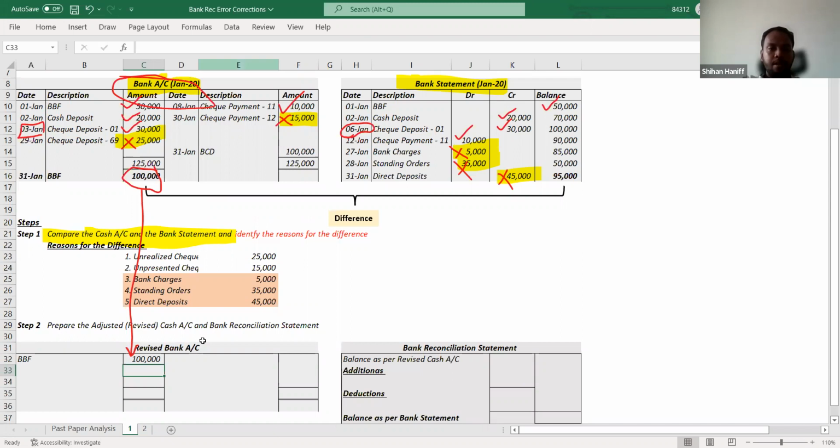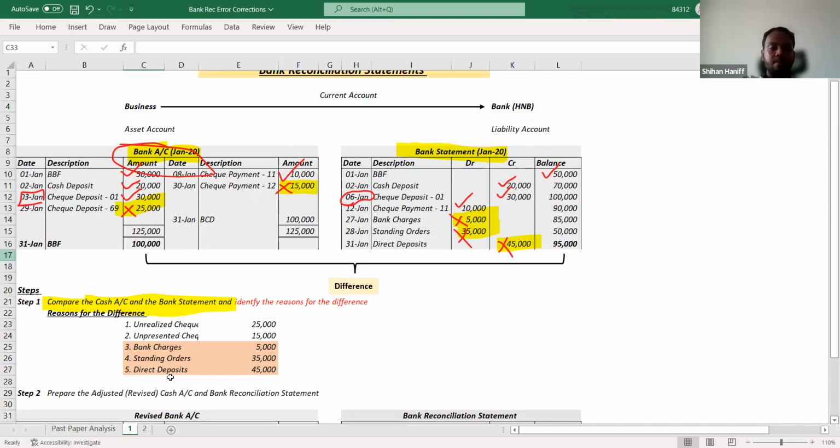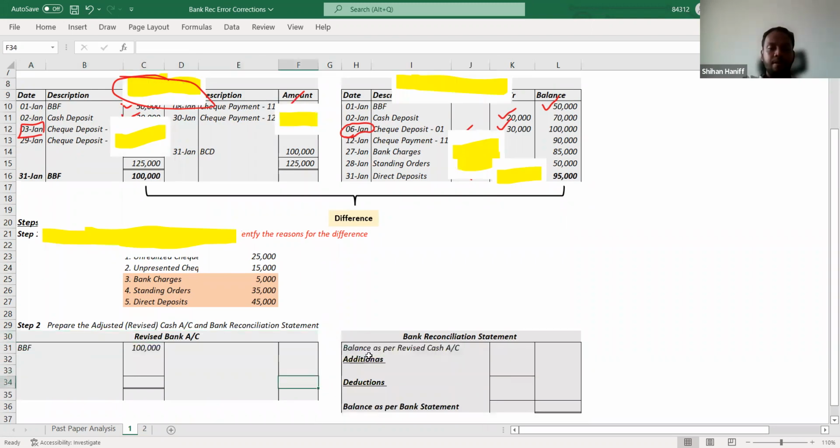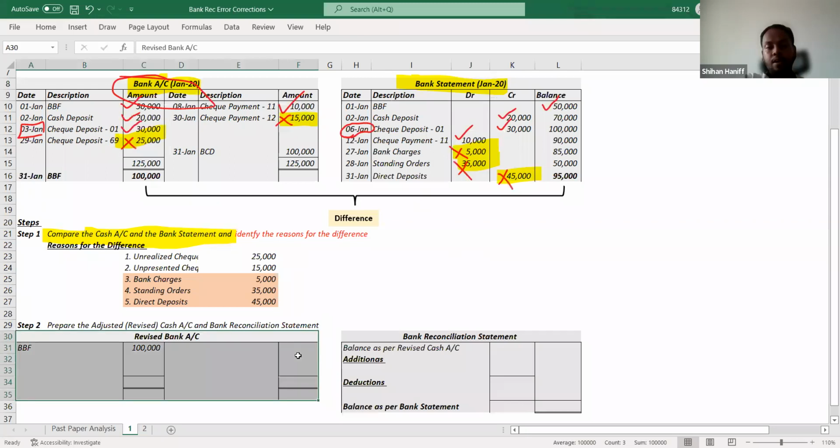Then record these three transactions, and there are two transactions which make further difference, that is unpresented checks and unrealized checks.